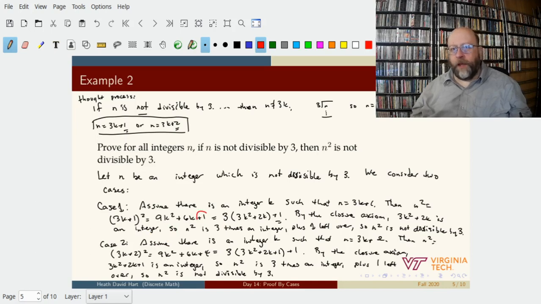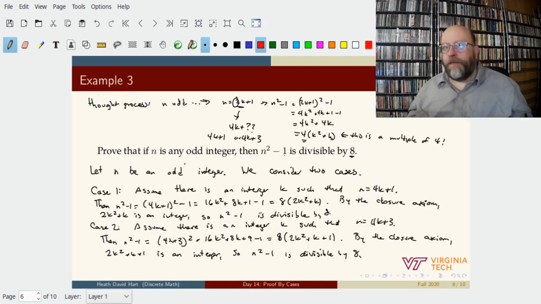Here we got a +1, here we got a +4. And therefore, we didn't get a +1 inside the parentheses, and we did here. The calculations for these two cases, even though the thought process was very similar, worked out differently.